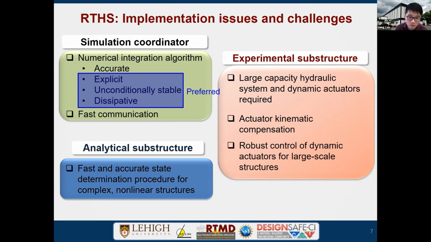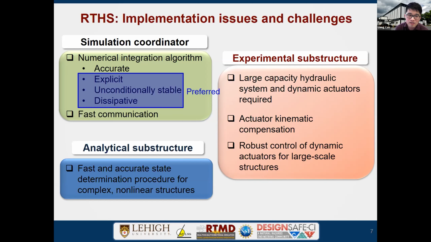And the third part, we want the integration scheme to have numerical energy dissipation abilities. We try to damp out any undesired participation of higher modes, which can be generated by noise or something not realistic. We try to have controllable numerical damping, energy dissipation abilities.